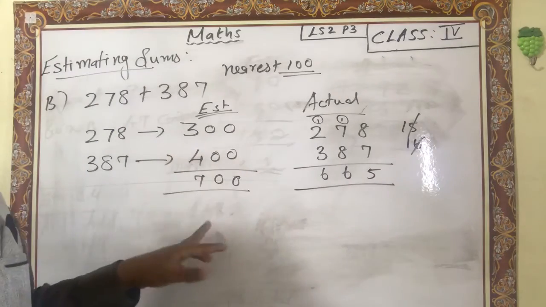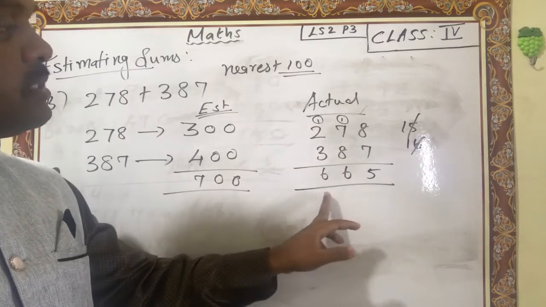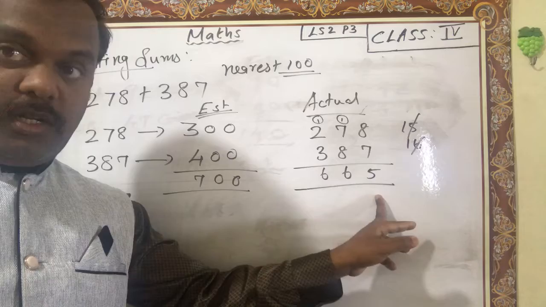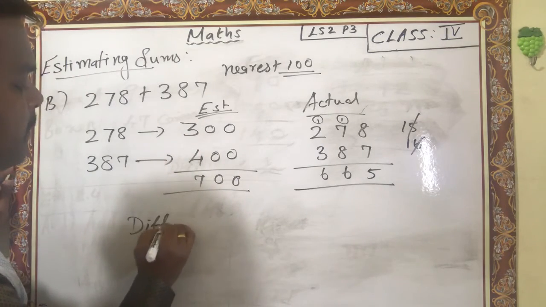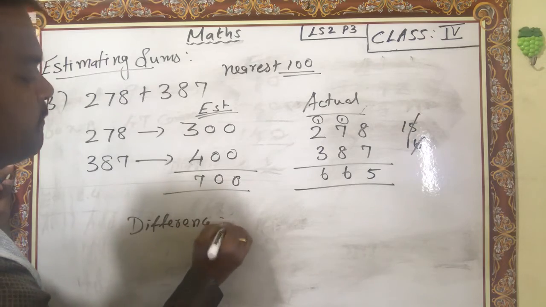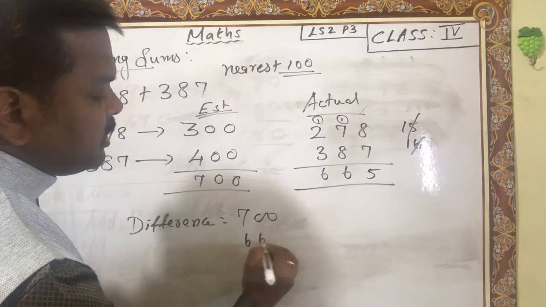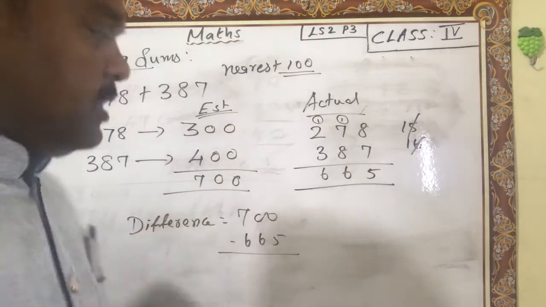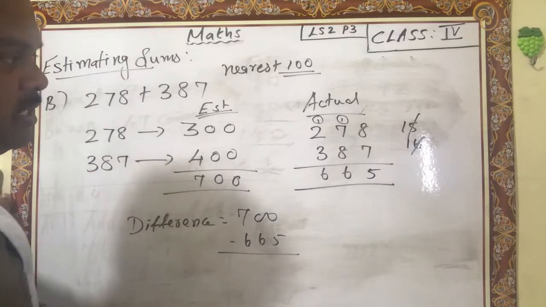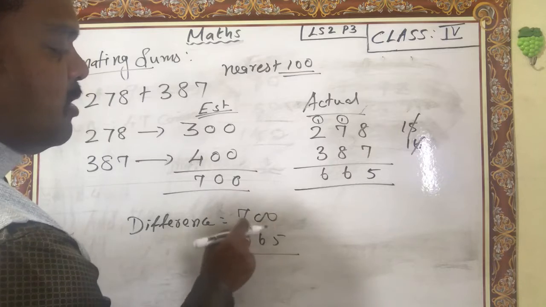665. Estimated sum is 700. Actual sum is 665. Understood? So find the difference. Difference means subtraction. 700 minus 665. Here 0, here 5, we can't subtract. Borrow from the left side.